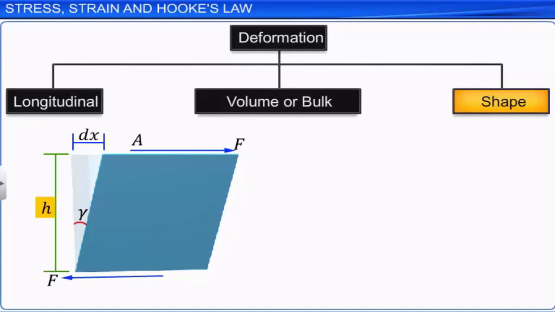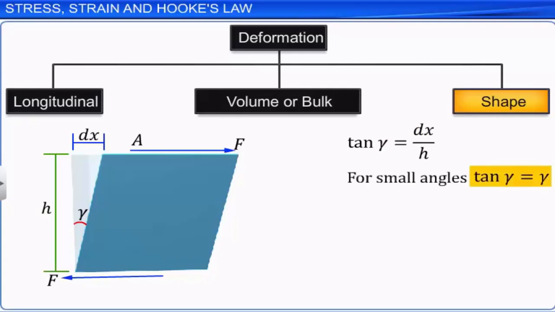Thus, stress is equal to K into strain, where K is the constant of proportionality called the elastic modulus of the material. If on increasing the stress, the strain is increased beyond a certain value, the proportionality between stress and strain is lost.